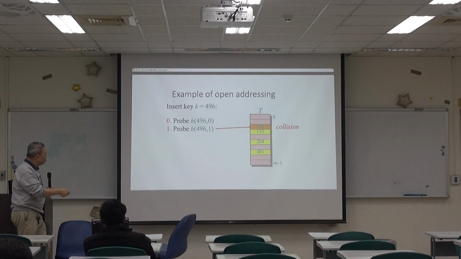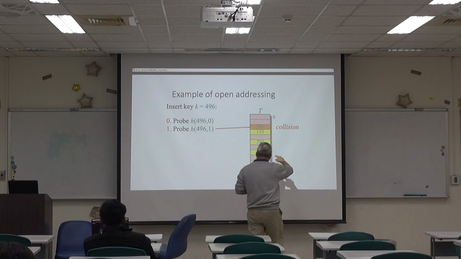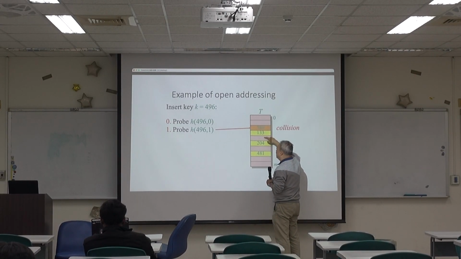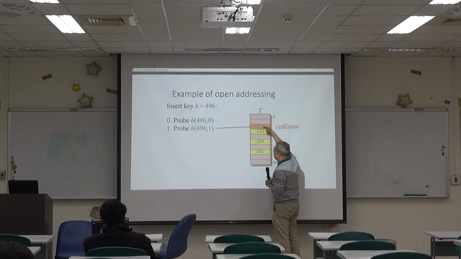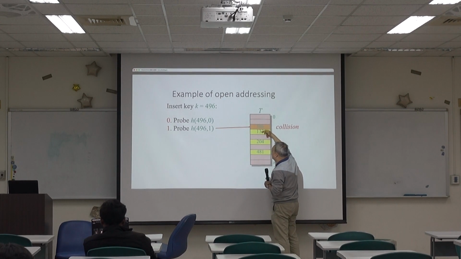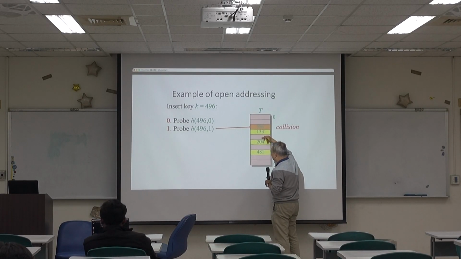Like the next one you put here, and then the next one, if it happens to be here, this one is taken, so you put it here. And the next one, if we assume it's anywhere here, because this place has been taken, you go here.